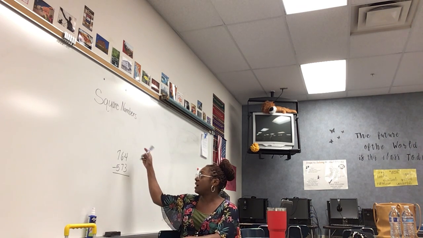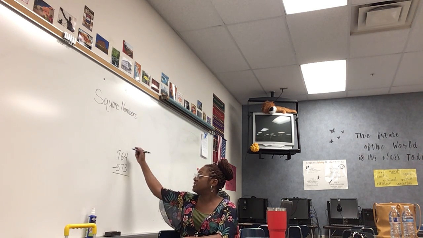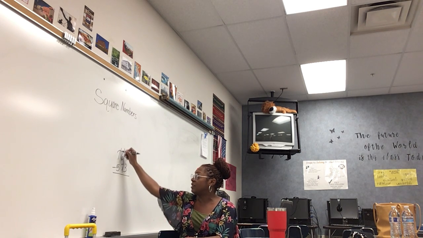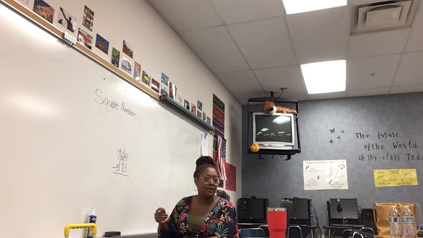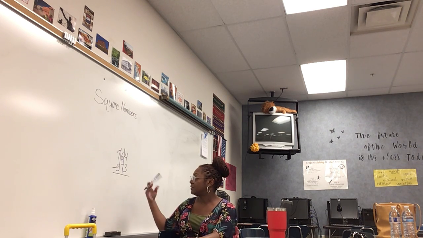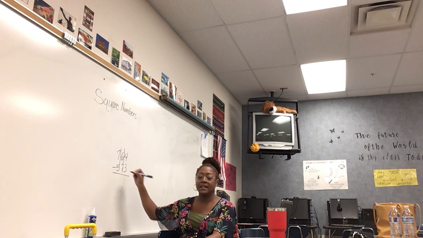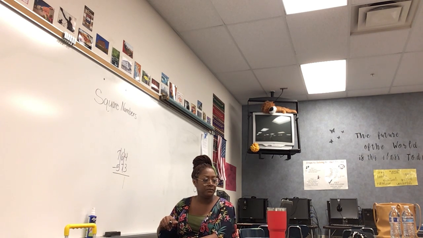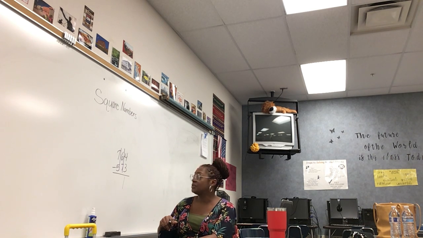Let's look in our ones column. Can we subtract 4 from 3? Or 4 minus 3, can we do that? Yes. What would our answer be? 1. 6 minus 7, can we do that? No. So what do we need to do?